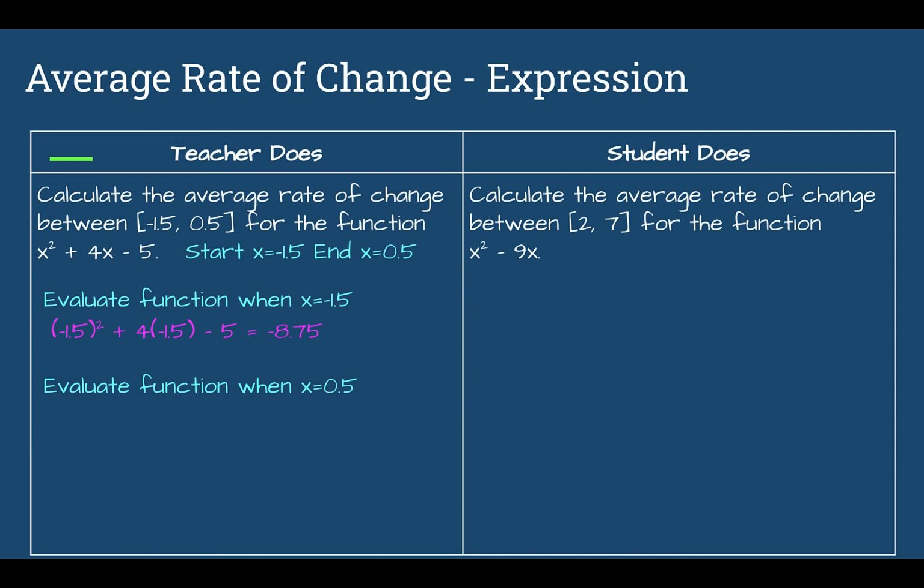I can do the same for x equals 0.5, plug it in everywhere there was an x, and I get negative 2.75.